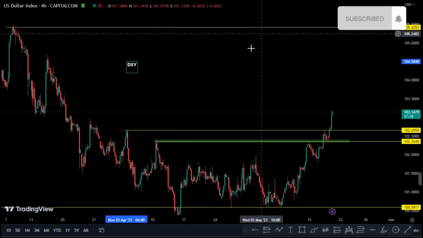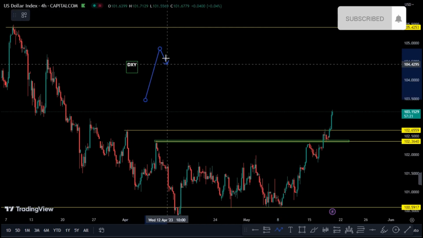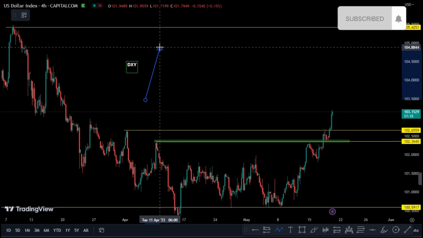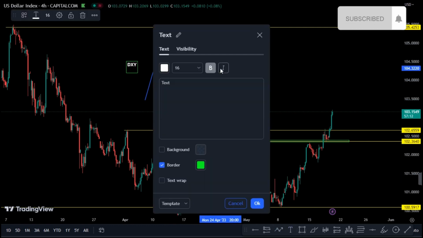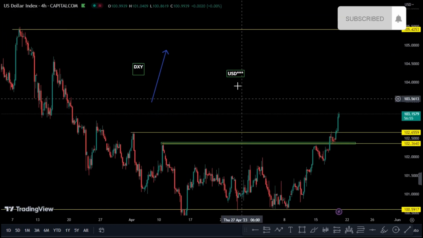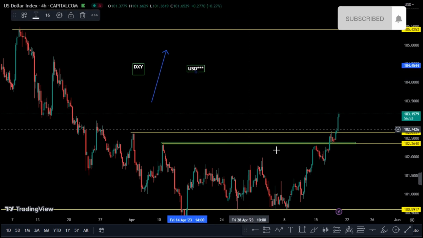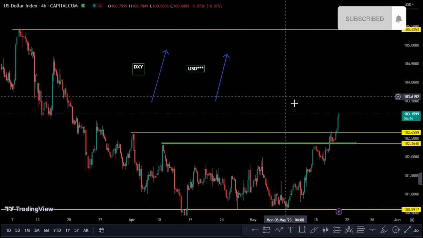Whenever DXY is bullish, a pair with USD as a base, it could be any pair, USD JPY, USD CHF, USD CAD, USD ZAR, any pair that has USD as a base, that pair will also be on a movement like this, which is also bullish.